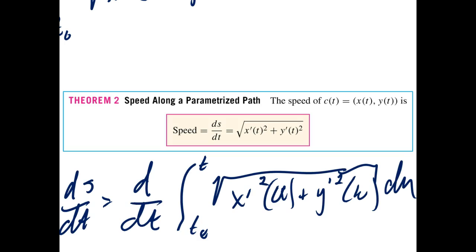I would say the speed along c of t, along that path, along that curve. This makes it sound like the curve is moving at a speed. It really isn't. It's the speed of the progression along that curve of x of t, y of t would then be ds/dt, but s is an integral with respect to t. Okay, so this is just this.